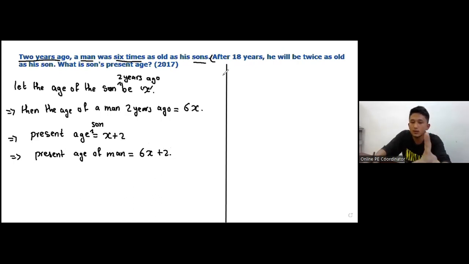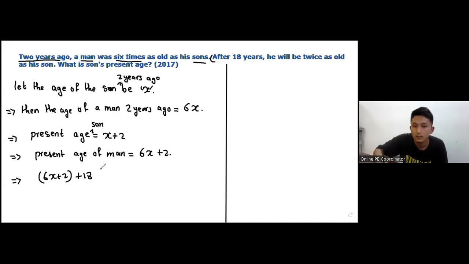But the third part of the question says after 18 years, the man will be twice as old as his son. The present age is 6x plus 2, so after 18 years it will be 6x plus 2 plus 18.